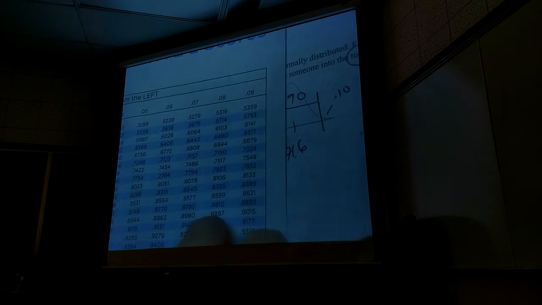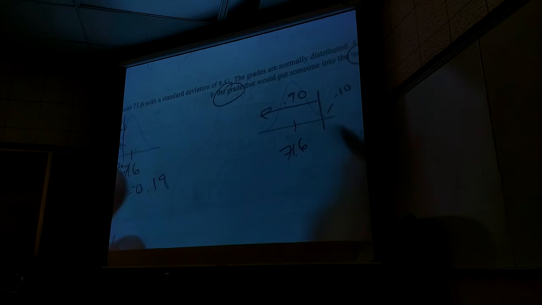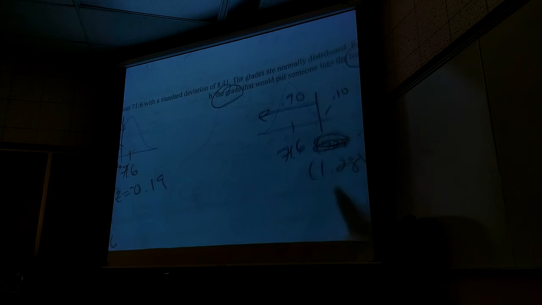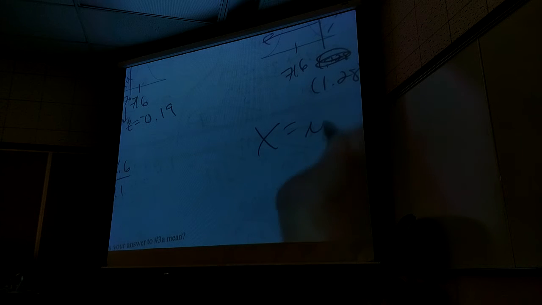90. The closest I get is this one here. And that would be 1.28. And then I got to convert that back into a grade, so I use this formula here.